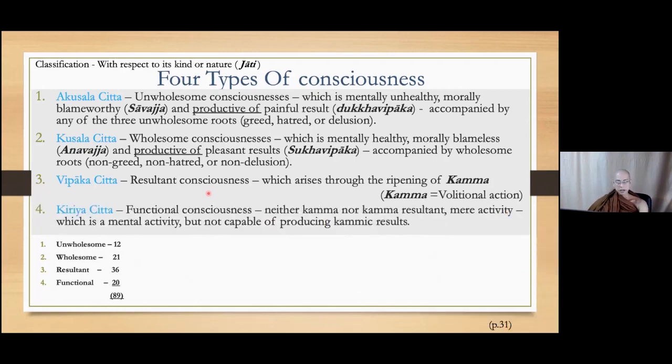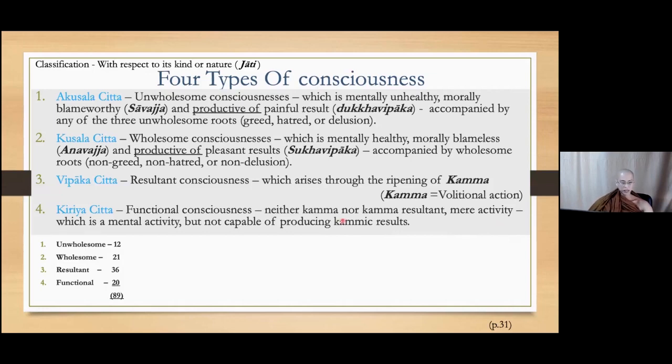The last type of consciousness in this classification is kiriya chitta, translated as functional consciousness. It is neither karma nor karma result. So no karma, no karma result, but it is a kind of consciousness. It has the characteristic of knowing the objects. That is mere activity, just mental action.